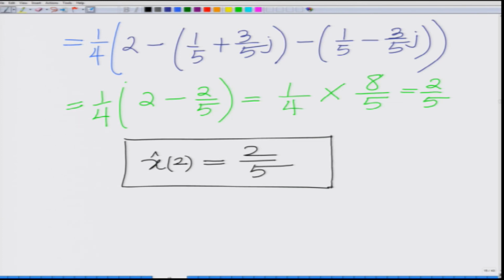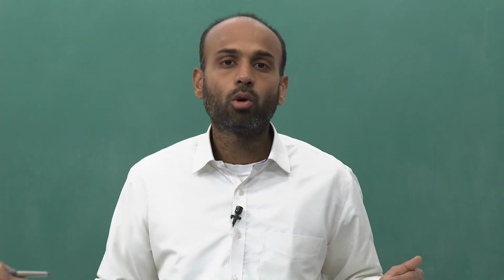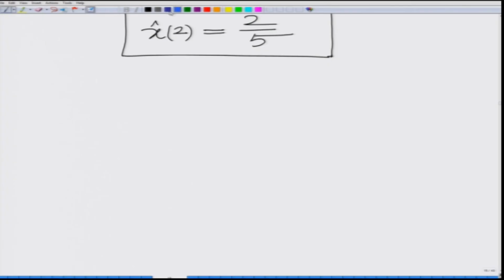So far we computed small x hat of 0, small x hat of 1 and small x hat of 2, and now all that remains is to compute small x hat of 3, and that can also be computed similarly. Let us just complete that.